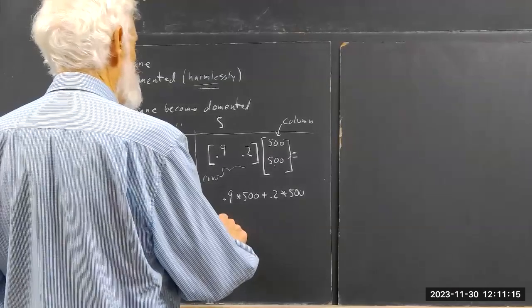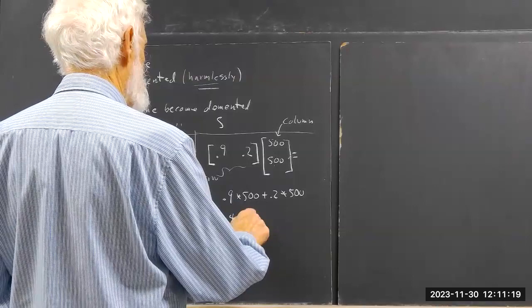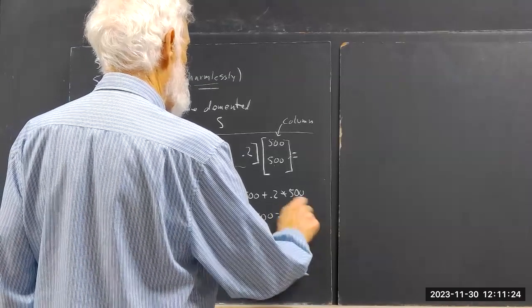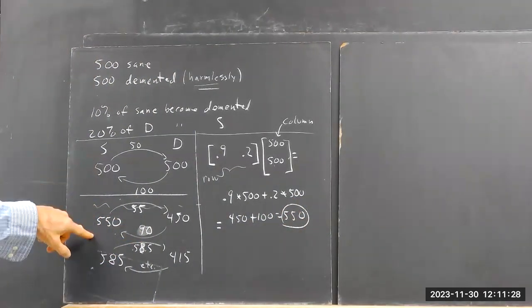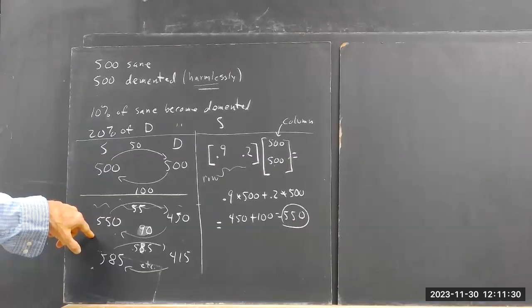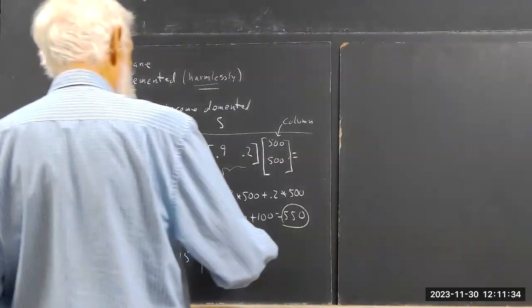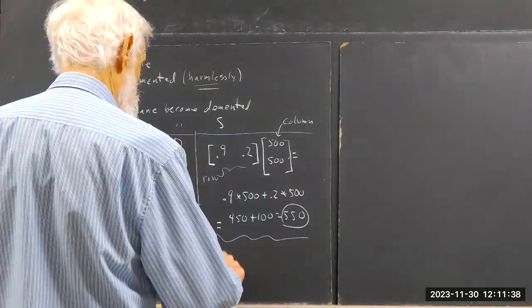If you calculate that, you get 450 plus 100, which is 550, which is the number of sane that you're going to end up with. Okay? Now, we don't have time to let you actually do this because I want to demonstrate it.